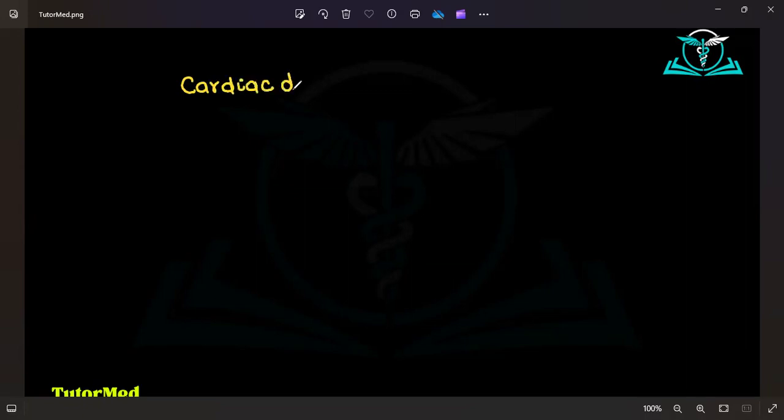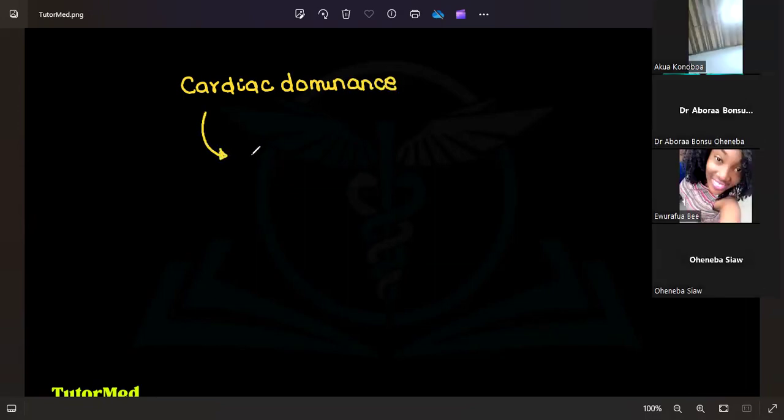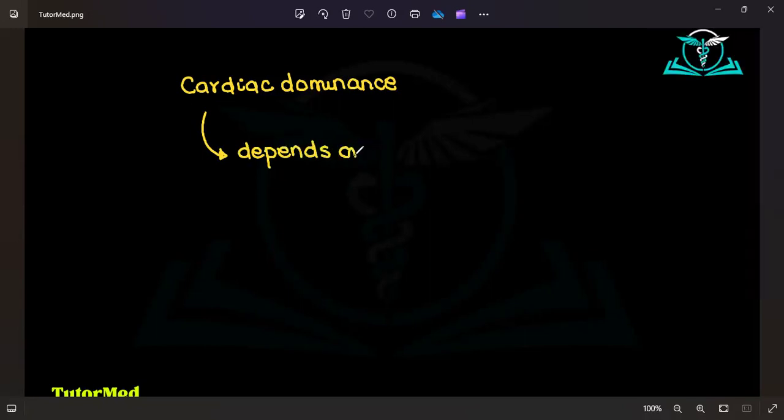The dominance of the heart depends on, let me use a white thing here. It's very interesting. The dominance of the heart depends on the answer we get from this question: which artery gave rise to the PDA?